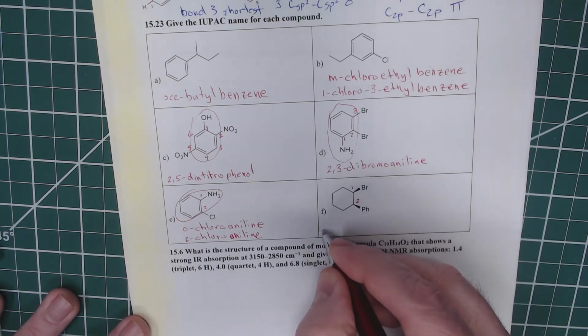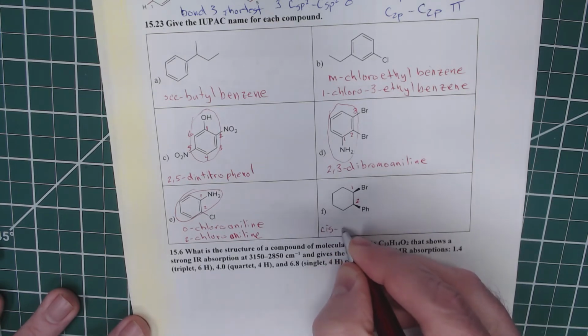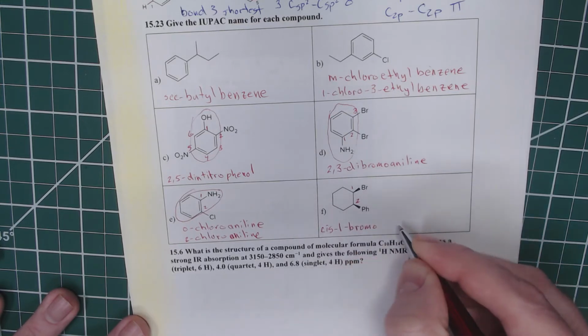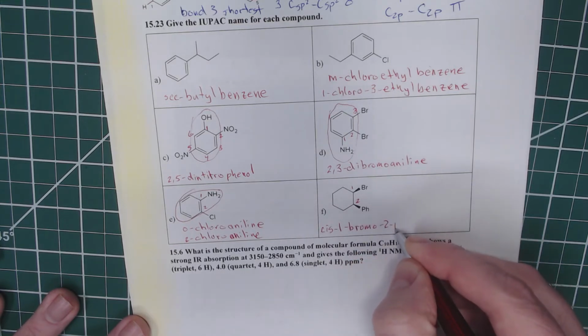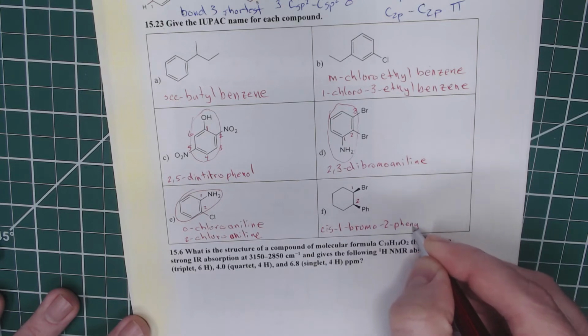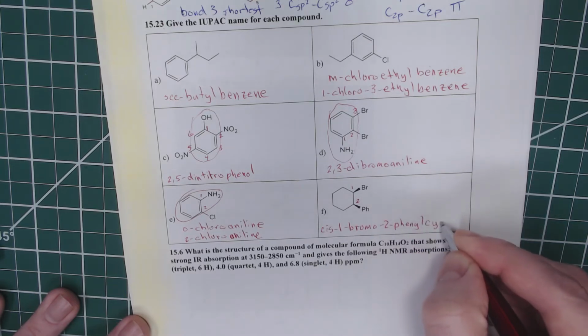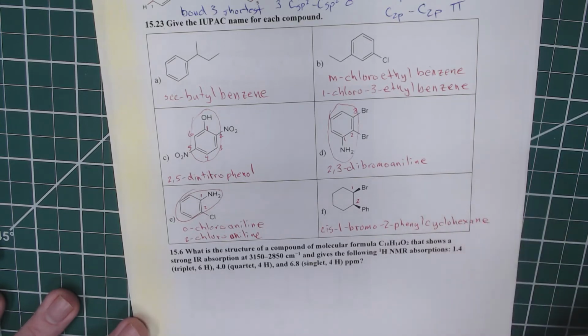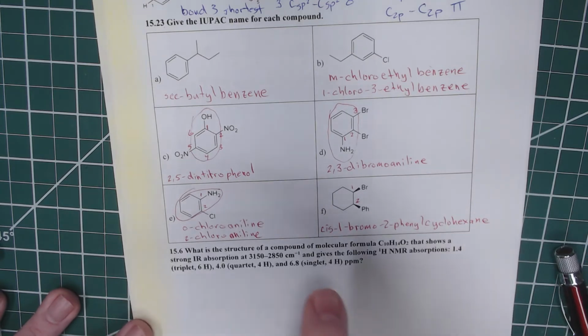So we're going to refer to this as cis-1-bromo-2-phenylcyclohexane. All right, and that would be the best name for that one.